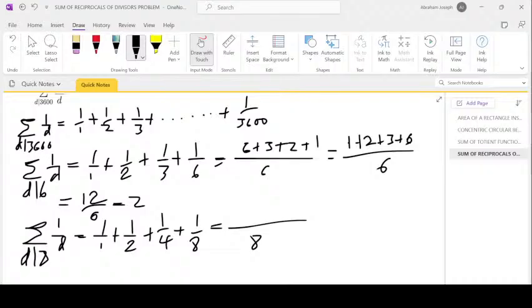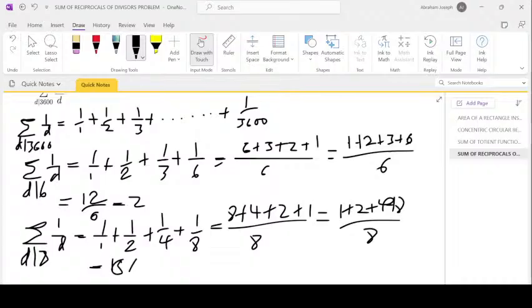So you have 8 divided by 1 is 8, plus 4, plus 2, plus 1. So 1 plus 2 plus 4 plus 8, divided by 8, will give you 1 plus 2 is 3, 3 plus 4 is 7, 7 plus 8 is 15. So that's 15 over 8.